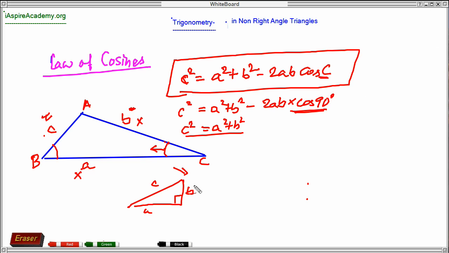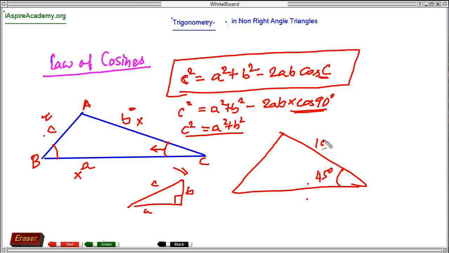So again, using this formula you can solve problems where you are given two sides. Let's draw a triangle. Let's say you're given one angle and you are given the sides.